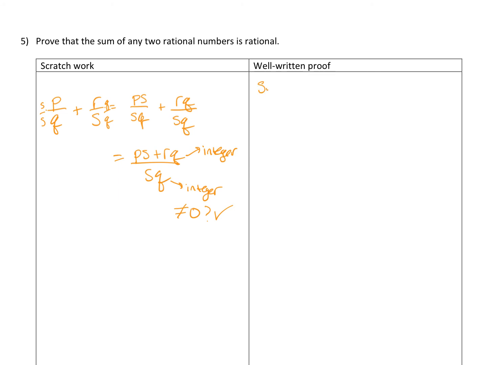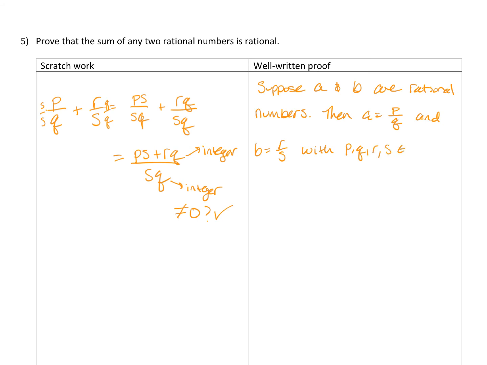So I'm going to start with: suppose a and b are rational numbers. Then a equals p over q and b equals r over s, with p, q, r, and s all elements of the integers, and q and s both not zero.